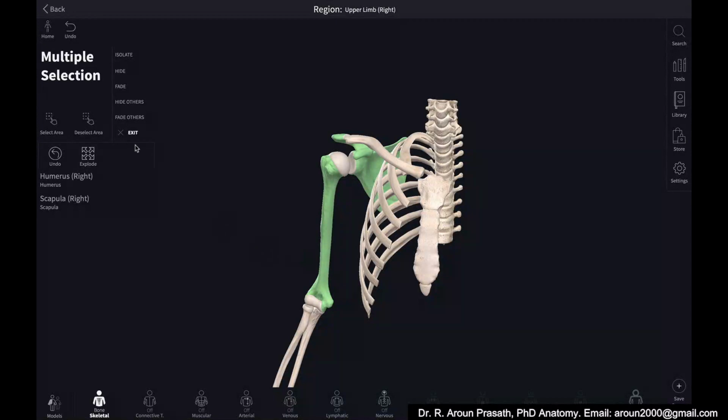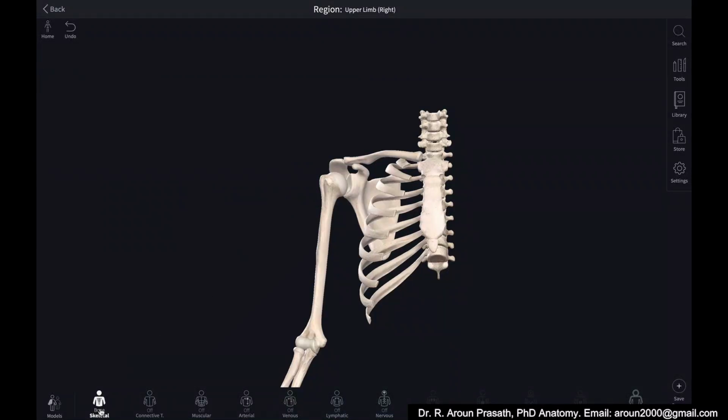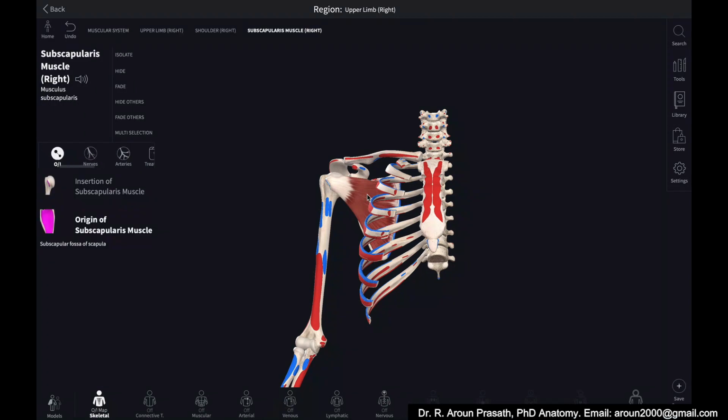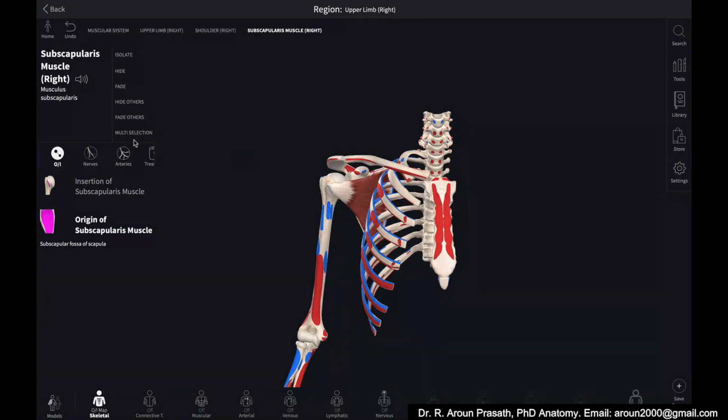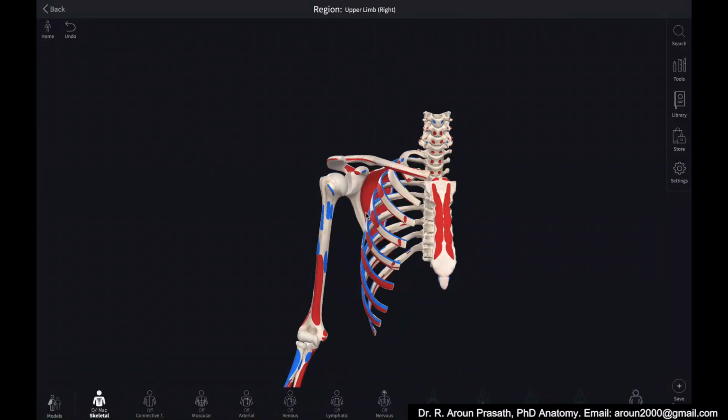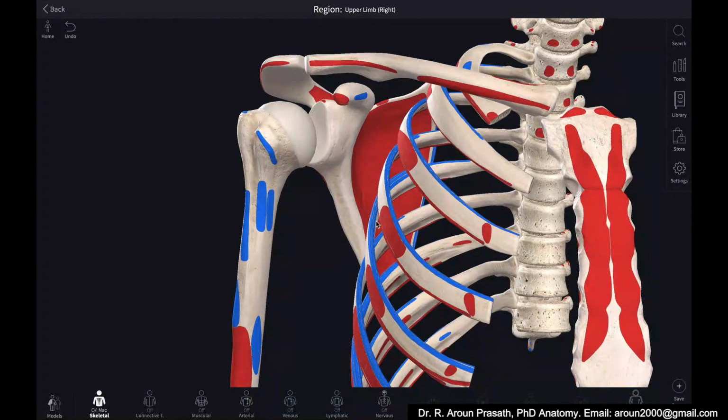If you look at this place, this is the subscapularis origin zone, red in color. And this is the insertion point of the subscapularis muscle, noted in blue color.